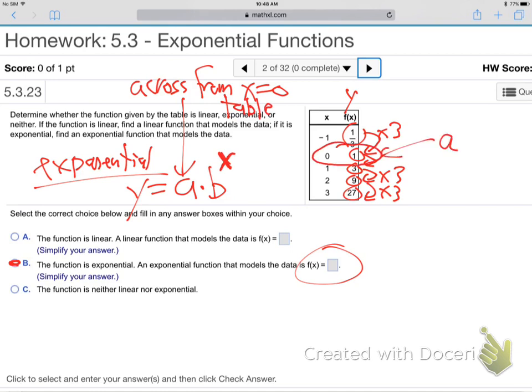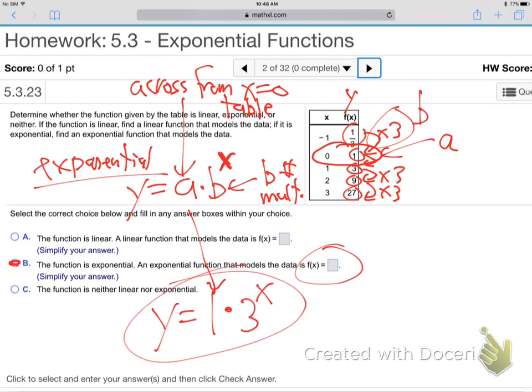There's your a: 1. And what's the b? The b is the number you're multiplying by every time, which is 3. That's your b. Here's our formula. And you don't really need the 1. 1 times 3 to the x is really just 3 to the x, isn't it? Everybody see that?